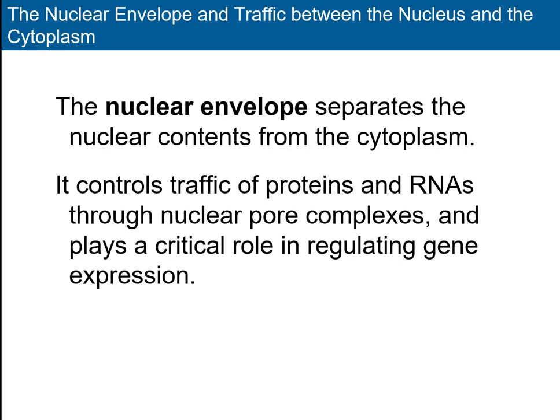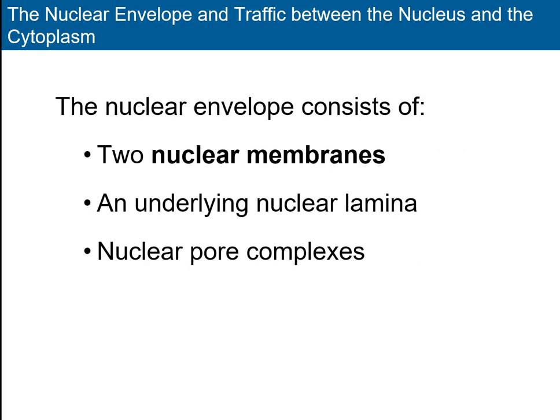We're going to talk a lot about them and the movement of things through that nuclear envelope. It plays a critical role in regulating gene expression. If an mRNA that was made inside the nucleus is not able to get out, it would never be translated. So what's getting in and out is going to affect gene expression.